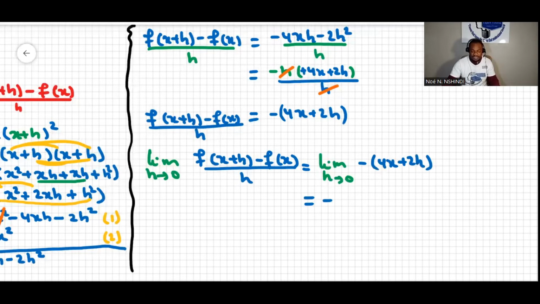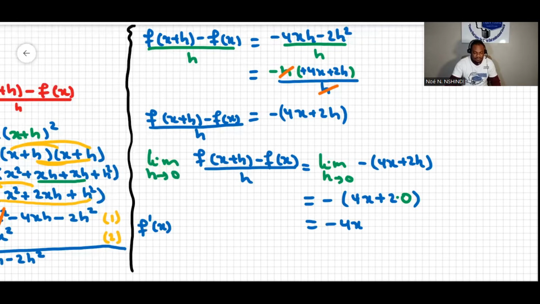So it's going to be negative 4x plus 2, and instead of h, I substitute 0, and then this is equal to negative 4x, and that's the derivative. This is f prime from the first principle.